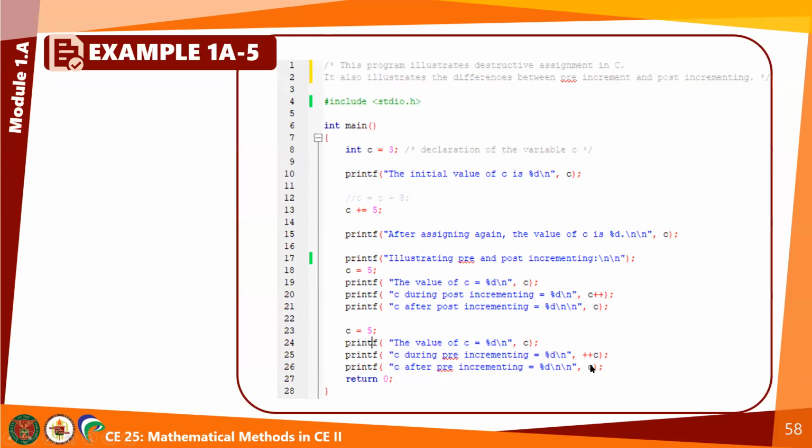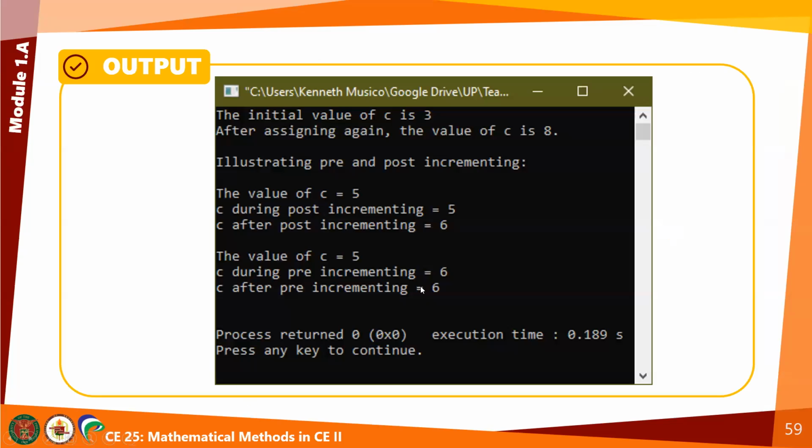Again, after pre-incrementing, parehas lang naman sila ng ginagawa ng post-incrementing, which is adding 1. It just matters when they add the 1. Ayan. So pre-incrementing, this will be equal to 6. Naintindihan yun? So ang difference, post, it adds after the line. Pre, it adds during the line. Naintindihan naman?